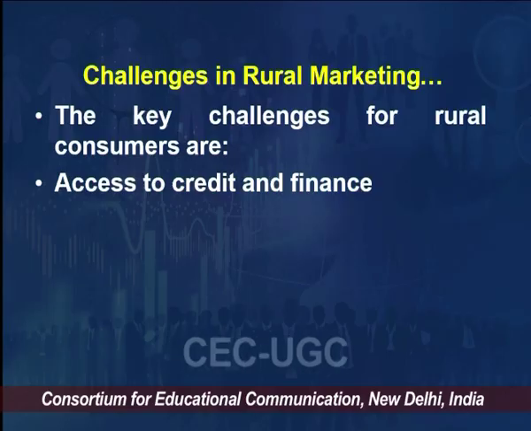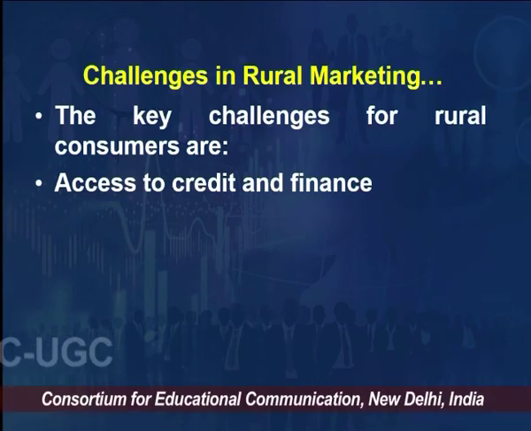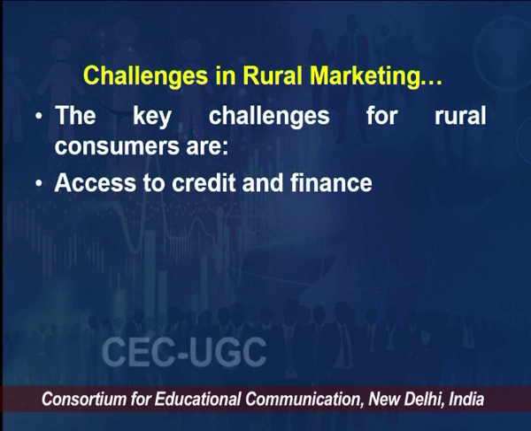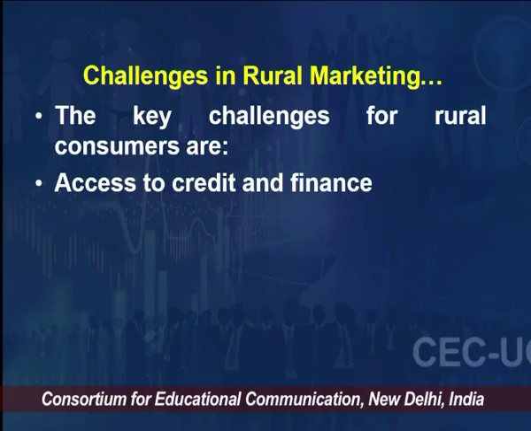So given these traits of the rural market, we now have to understand the key challenges in rural marketing. The key challenge from my point of view, the first one, is access to credit and finance. Although there is an increasing trend of providing better banking facilities to rural customers by way of regional rural banks, it is still much below the kind of service we have in urban areas.